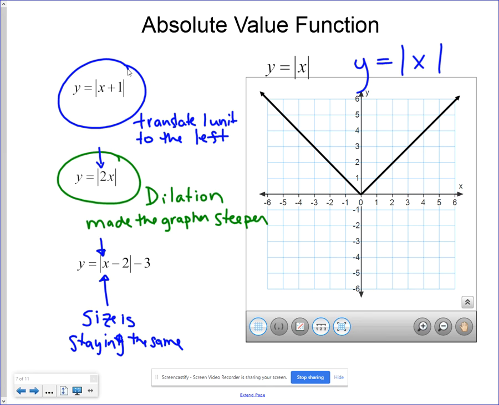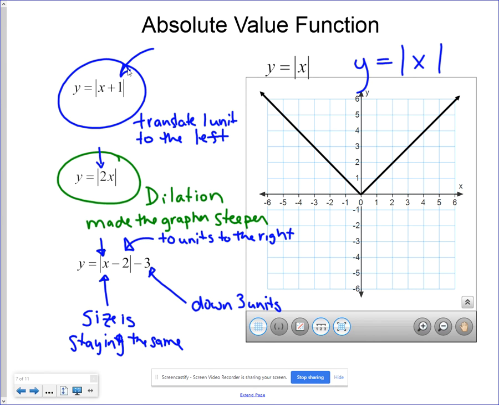What did this plus 1 do? This plus 1 moved it to the left. So what do you think the negative 2 is going to do? It's going to move it 2 units to the right. And then the negative 3, the number on the outside, affects it by moving it up or down. So this is going to move it down 3 units.